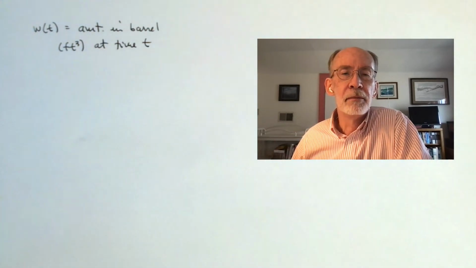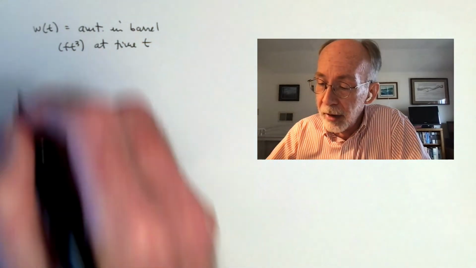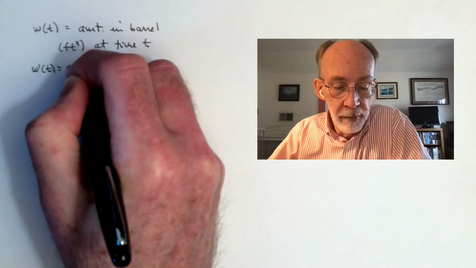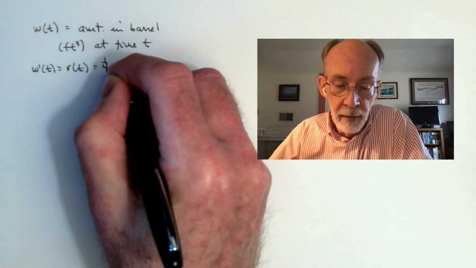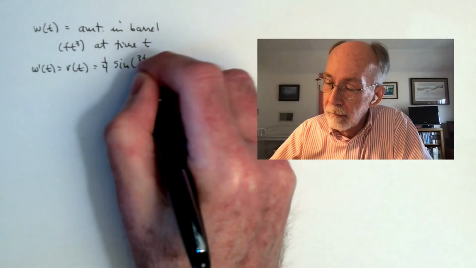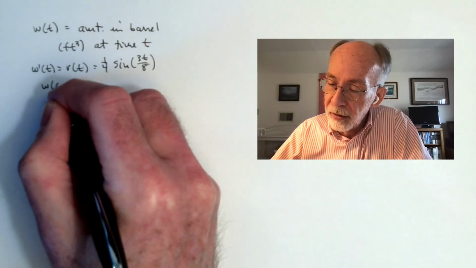Then W prime is going to be this function r, right? So W prime equals r, which equals 1/4 sine of 3t over 8. And we know that the amount of water at time 0 is 5.